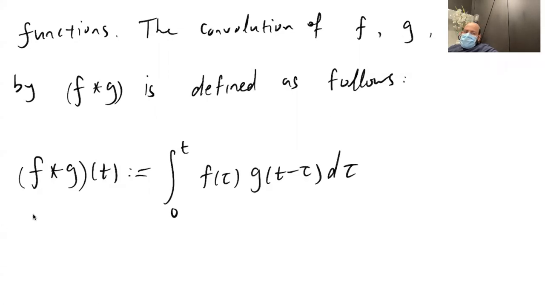So the left hand side is a function of t, the right hand side is also a function of t, and the integration is over tau.